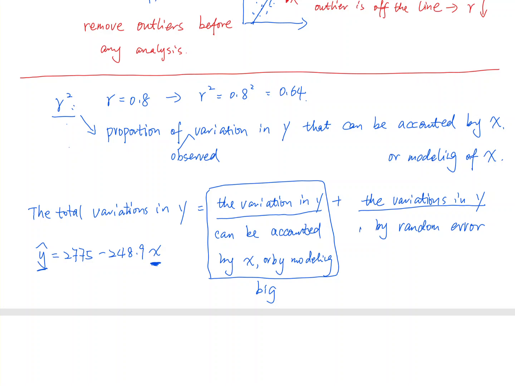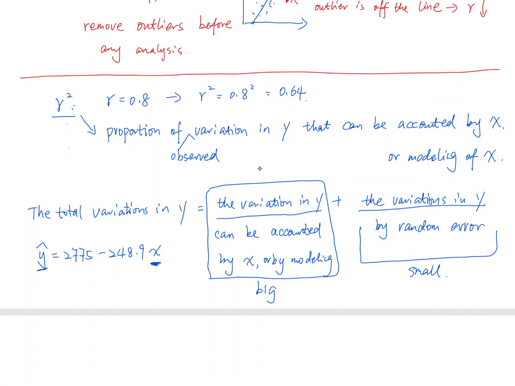I want the part of variation caused by the random error to be as small as possible, because I don't want these random fluctuations that I cannot model. I just don't know why, because every store has their own story, right? So when you make the regression, I want this part as big as possible.